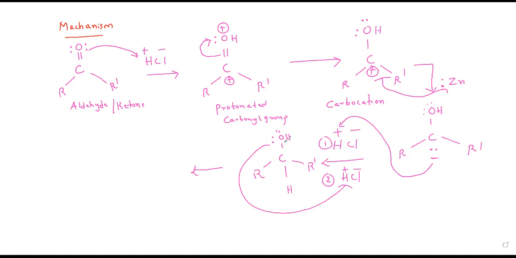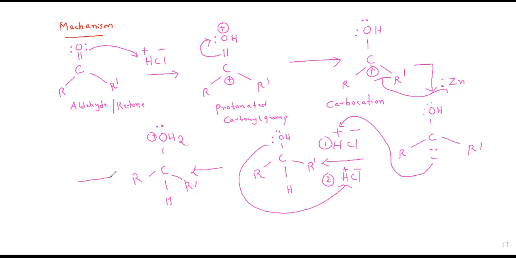Therefore, this oxygen will form a new bond with hydrogen. So here you will get a carbon, and instead of OH, you can write OH2 with one lone pair of electrons and a positive charge, and here, as usual, hydrogen, R dash, and this is R. You have a positive charge on oxygen as it has only one lone pair of electrons here.